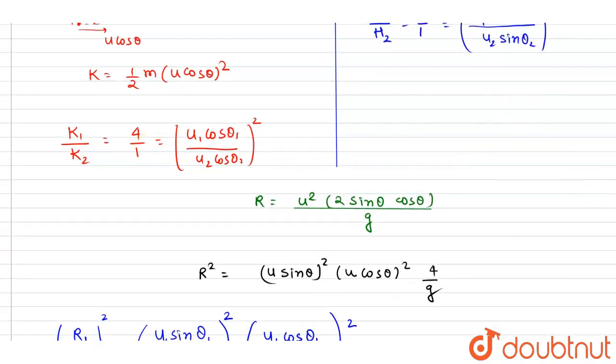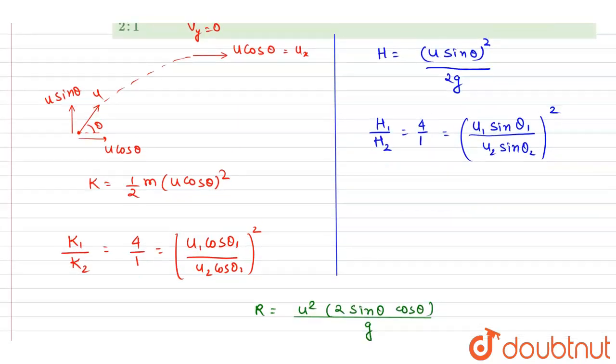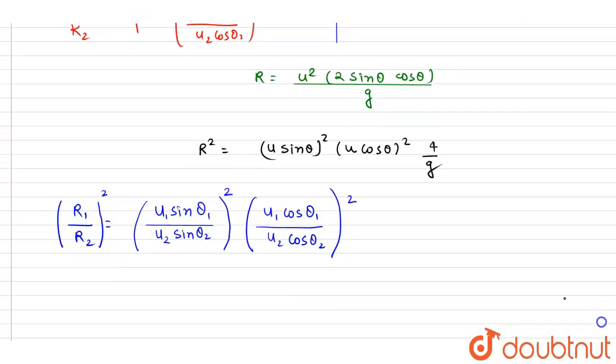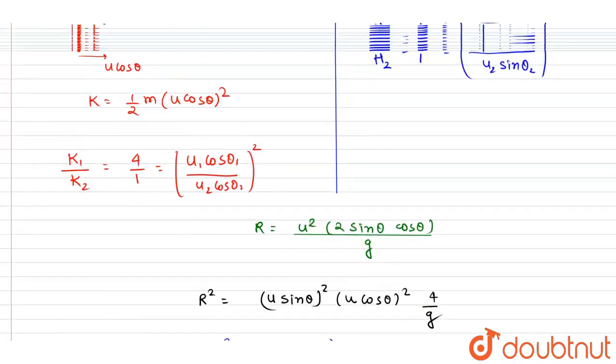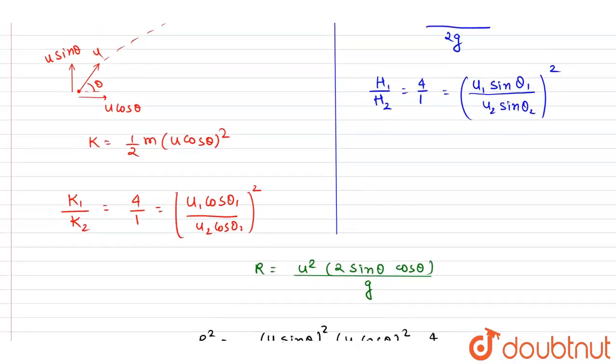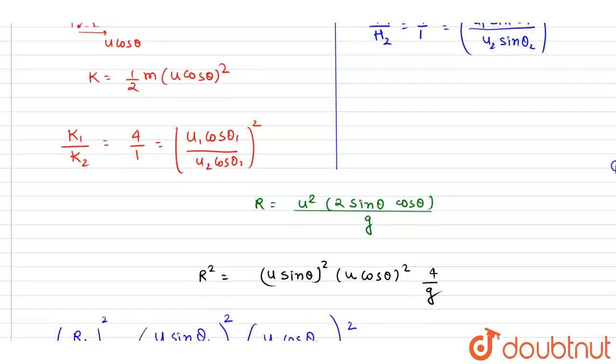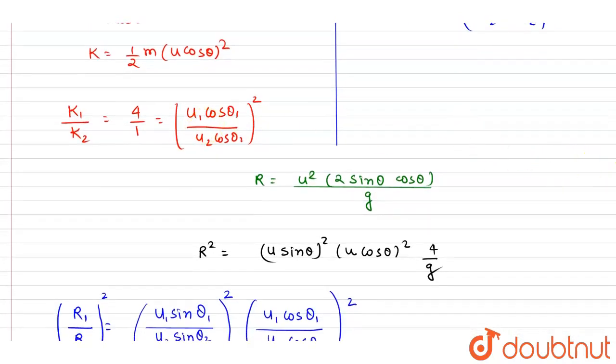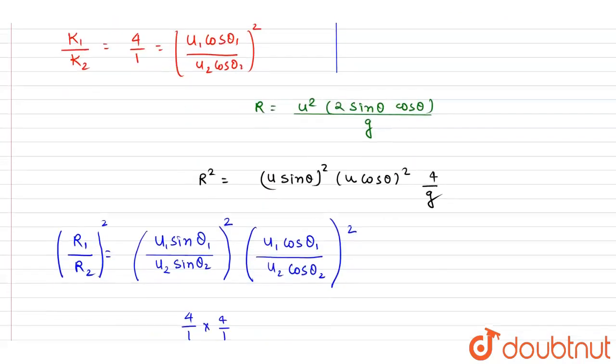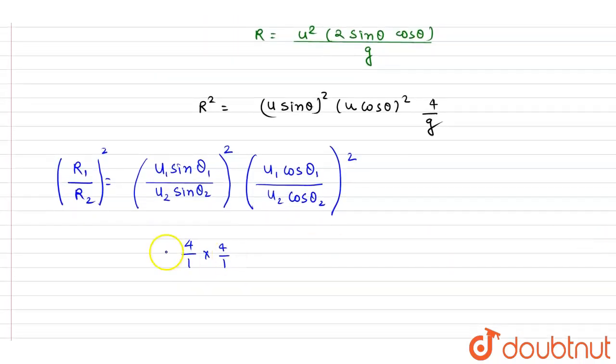The kinetic energy ratio and the height ratio, we already have seen this. They both are 4 by 1 and 4 by 1. So I will simply write down 4 by 1 into 4 by 1. You can see very clearly that u1 sin theta 1 by u2 sin theta 2 whole square is 4 by 1, and same for the cos theta. u1 cos theta 1 by u2 cos theta 2 is again this.